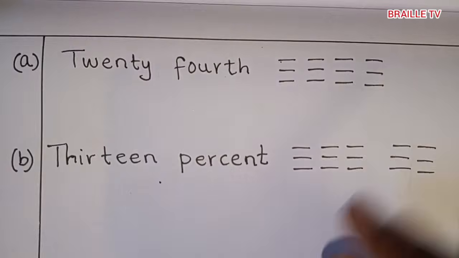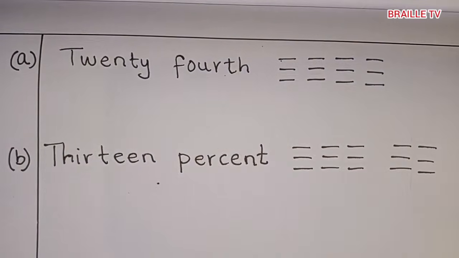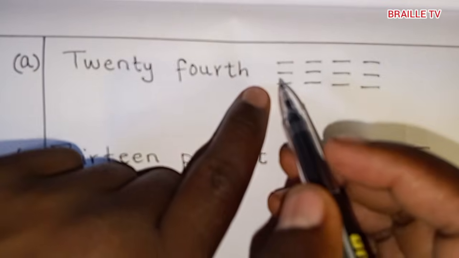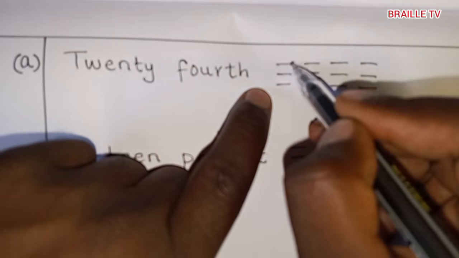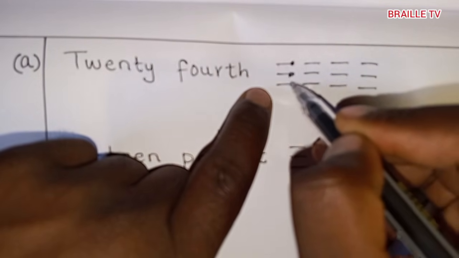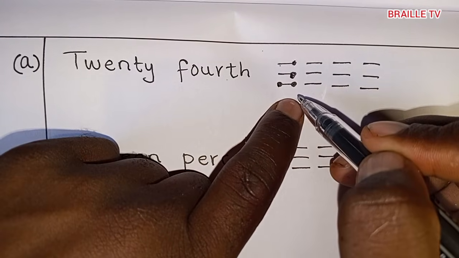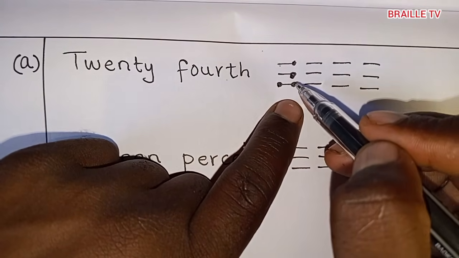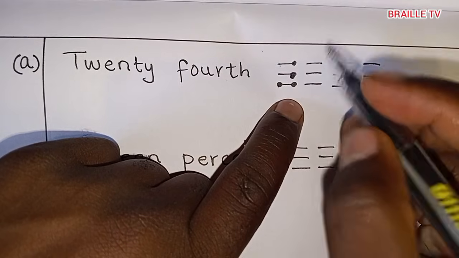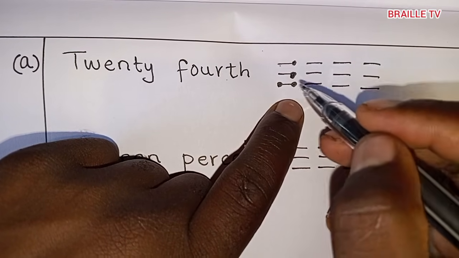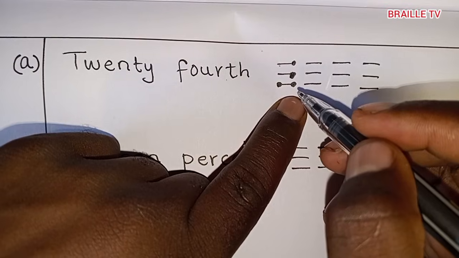Now, let us write first and then we state. Teachers, the first question was 24th. As I told you, when writing numbers, you must put a sign called a numeral sign. This numeral sign, we looked at it under English Braille and we called it a number sign, but in mathematics it's called a numeral sign.